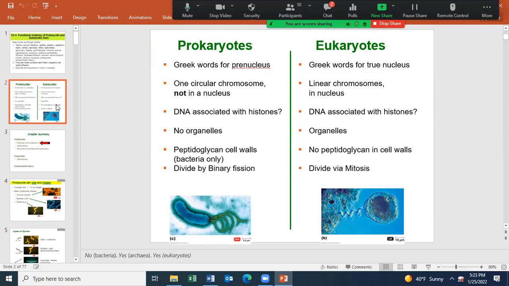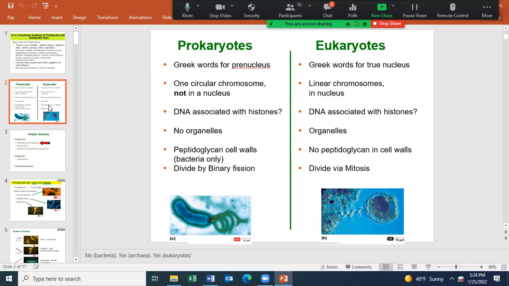So when we talk about prokaryotes and eukaryotes, prokaryote is Greek for pre-nucleus. If you really want to translate correctly, it'd be pre-kernel, but the kernel is the nucleus. And eukaryote is Greek for true nucleus. As you know, eukaryotes have a nucleus.